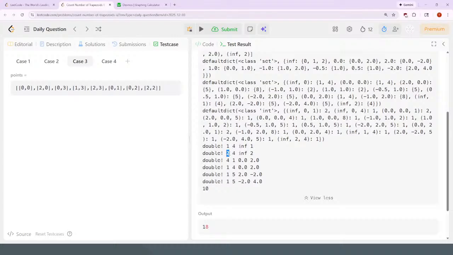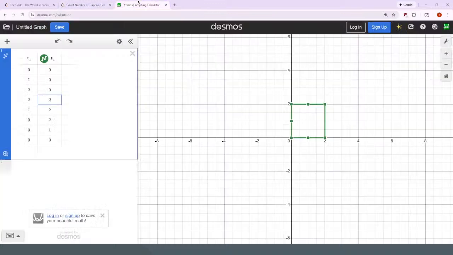So 2 double counting for 4 distance squared, infinity slope at x-intercept 2. So this one right here forms a trapezoid, this one and this one. Also parallelograms with both. So it's double counting 2 things there. Yeah, okay, sure.